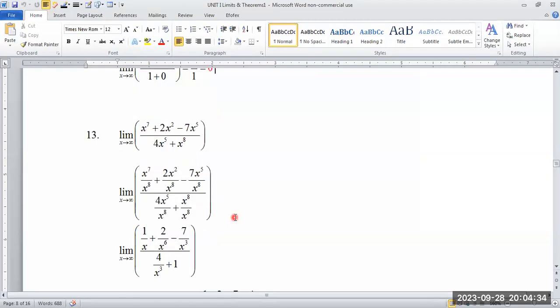So what I do, I'm looking for the term in that rational function that is the highest, whether or not it's in the numerator or the denominator.